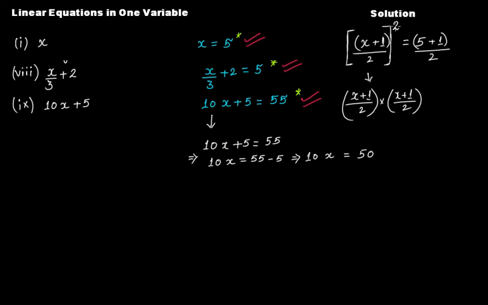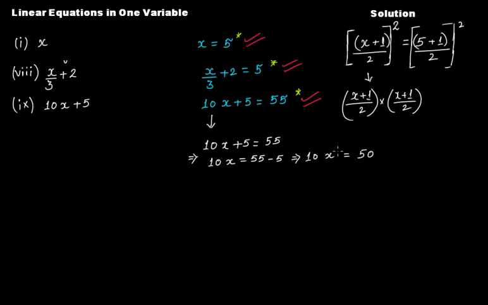If we have done this, then we'll have to do the same thing on the right hand side also in order to maintain the equality. Whatever you add, subtract, multiply, divide, or make exponents on the left hand side, the same thing will have to be done on the right hand side. If you do it on the right hand side, you'll have to do the same thing on the left hand side, right? And why is this important?